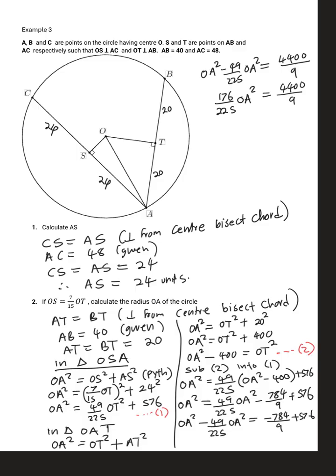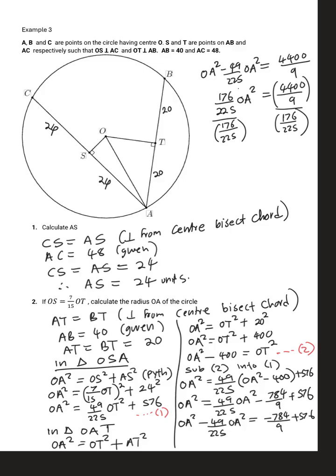And then after this, we can divide both sides by 176 over 225. So when we divide, we have to put it inside brackets. It's very important. So I'll put also this one in brackets to make sure that the calculation is accurate.